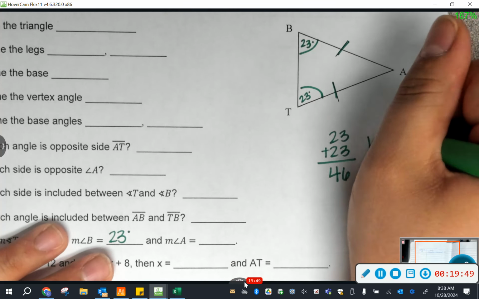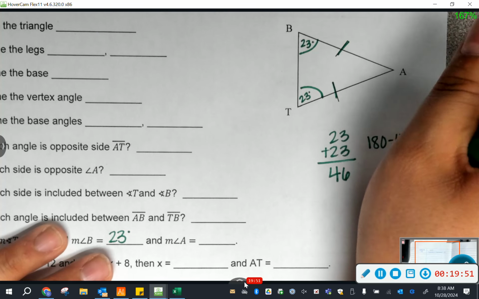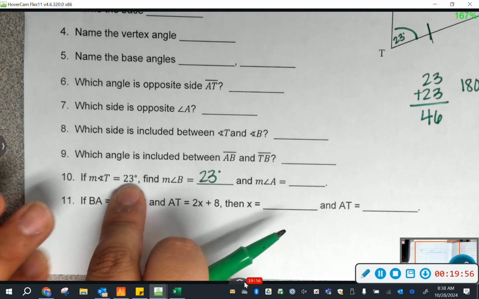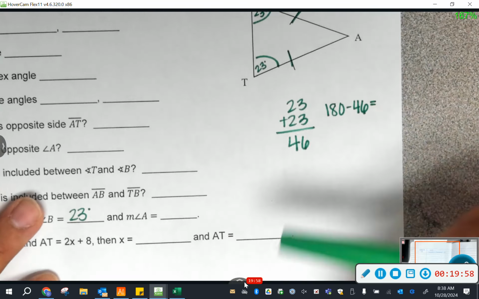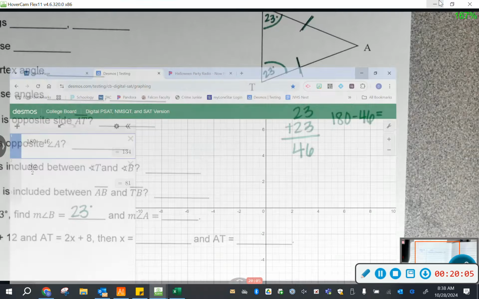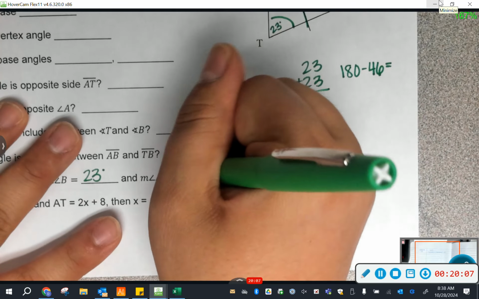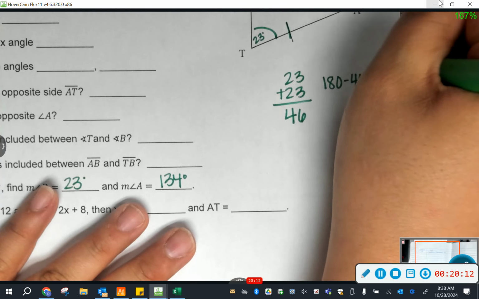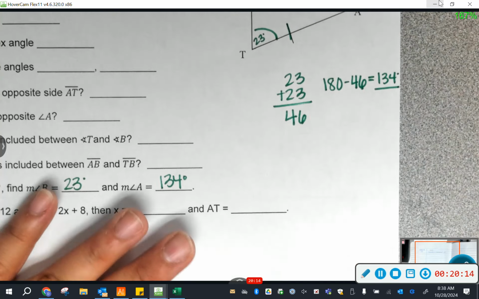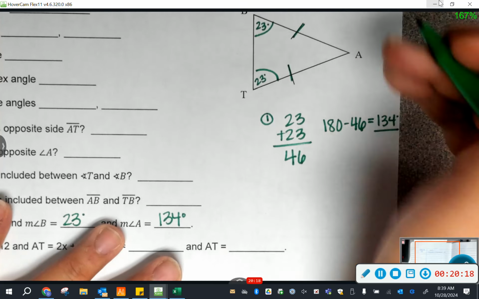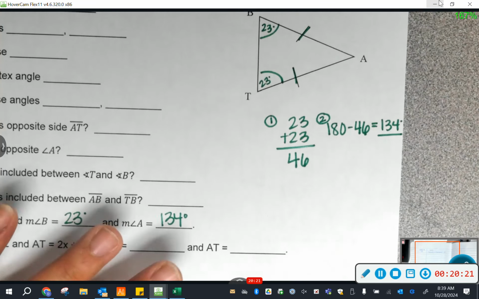Now I have to subtract that from 180. 180 minus 46 is 134 degrees, which is what angle A is. So first, you're always going to add the two angles together. The second thing you're going to do is subtract from 180.